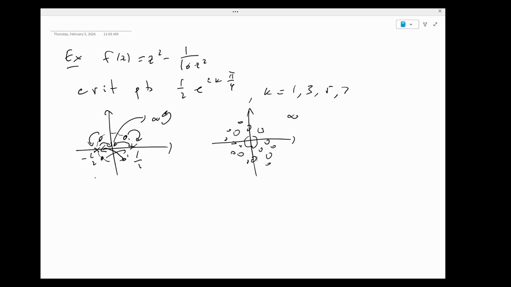Maybe I should make it a little bit more symmetric because there is rotational symmetry. So this is the Julia set of F. It's a carpet.